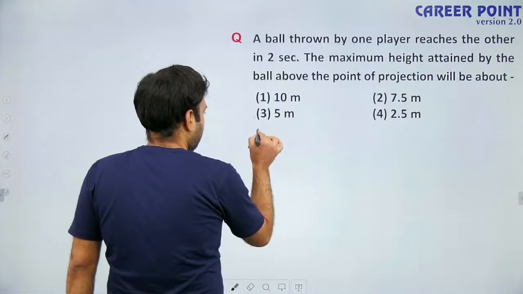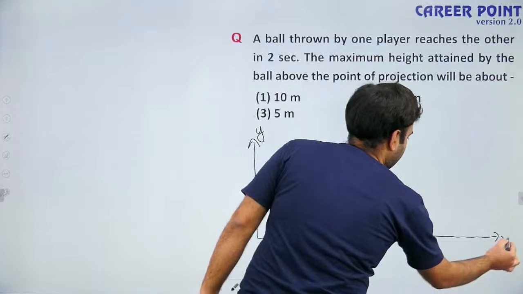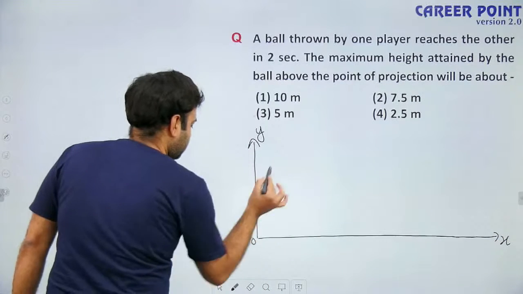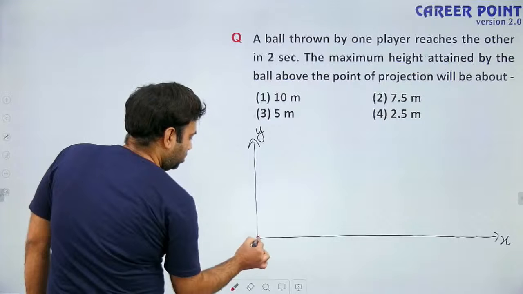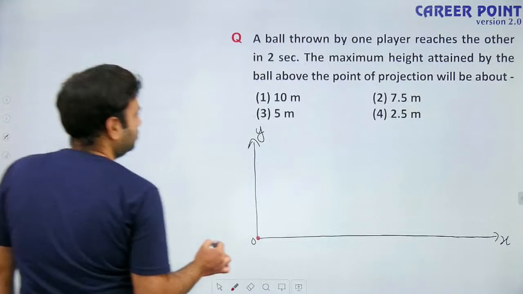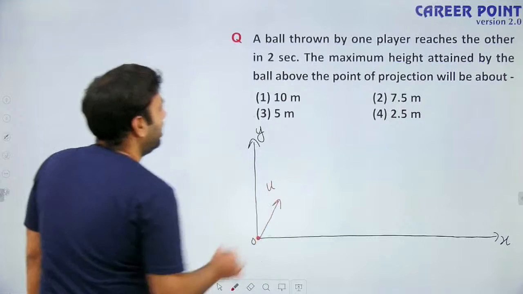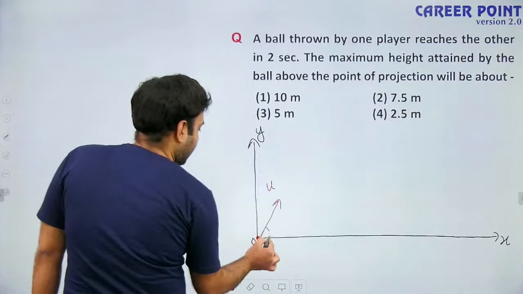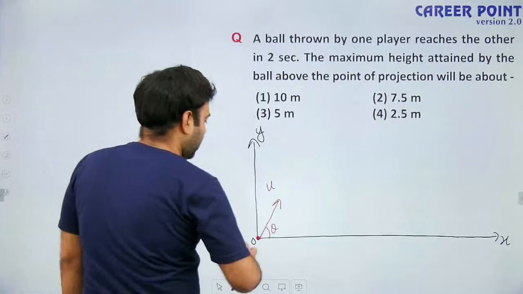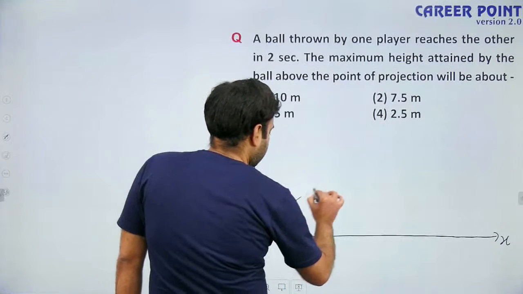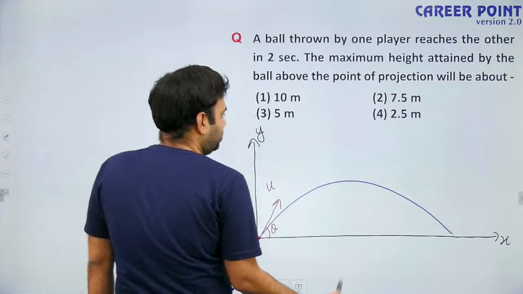See, this is y-axis, this is x-axis, and this is origin. If a ball is thrown, angle is not given. Suppose ball is thrown by velocity u at an angle theta from horizontal. Then the second person catches this in 2 seconds.